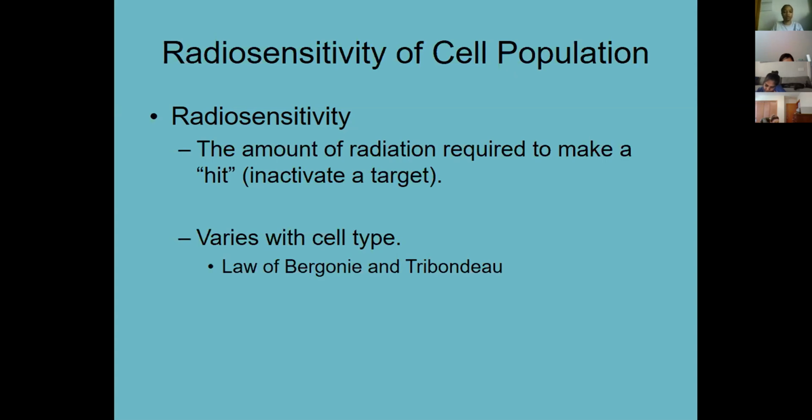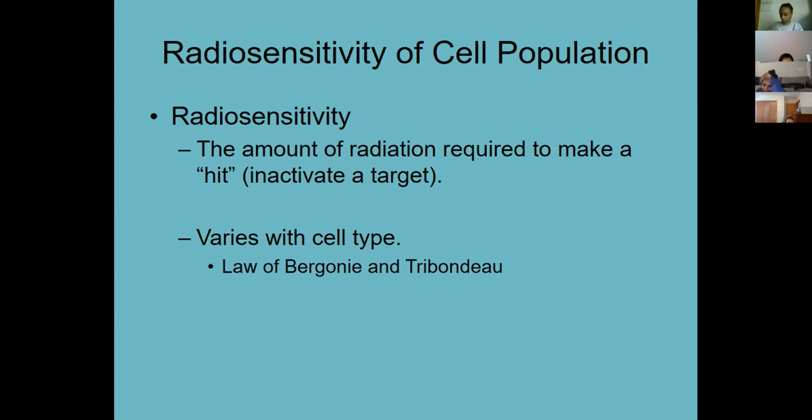It is a dose. Just like D sub Q was a dose level, you had to say it's 150 rads or it's 60 rads. Radiosensitivity relative to cell survival curves is also a dose.